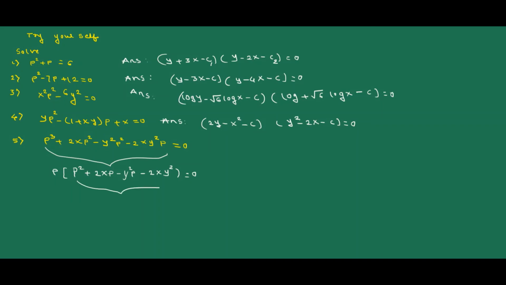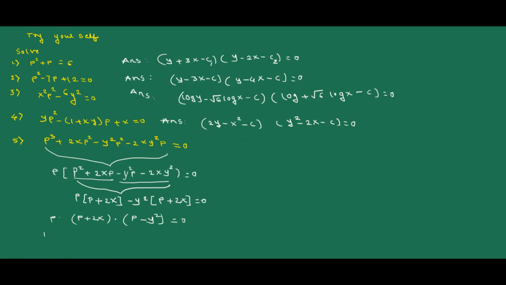Again, if you simplify this, from the first two terms, if you take p common, we are left with p plus 2x, and from the last two terms, if you take minus y square common, then also we are left with p plus 2x is equal to 0. So throughout, p into (p plus 2x) into (p minus y square) is equal to 0.